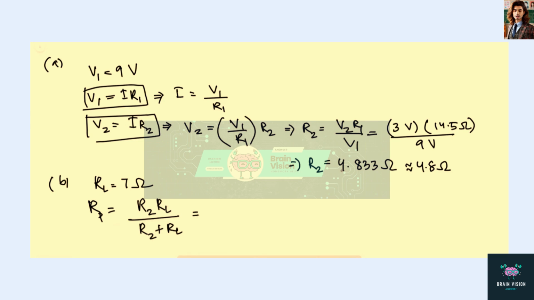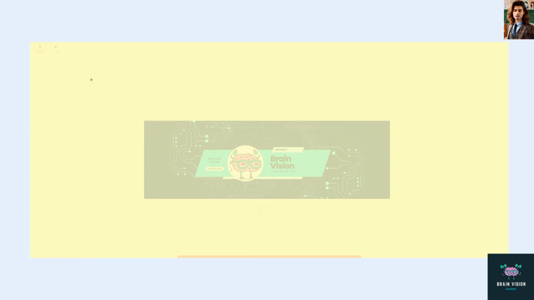Now plugging the value of R2 that we calculated in part A and the given value of load resistance, we find RP to be equal to 2.859 ohms. Therefore, the equivalent resistance, let me just write that on the next page, will be RP plus R1.